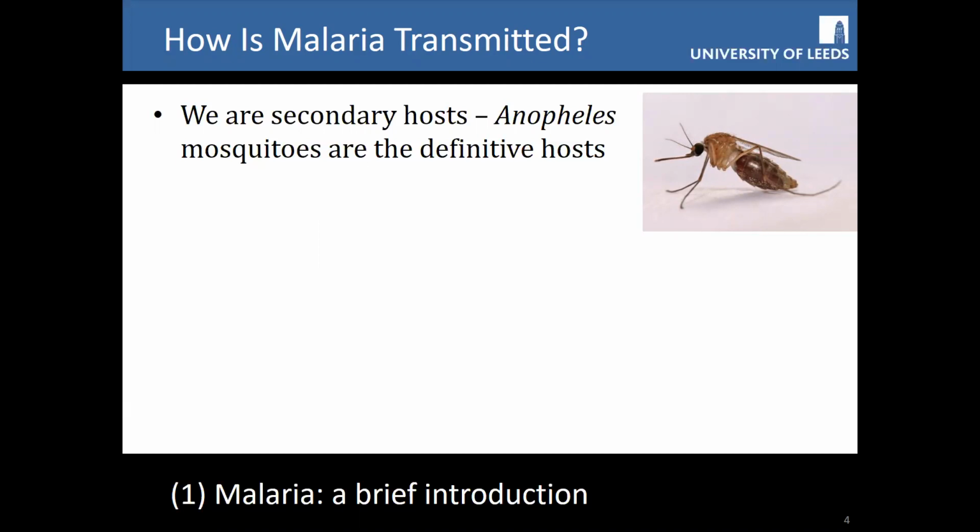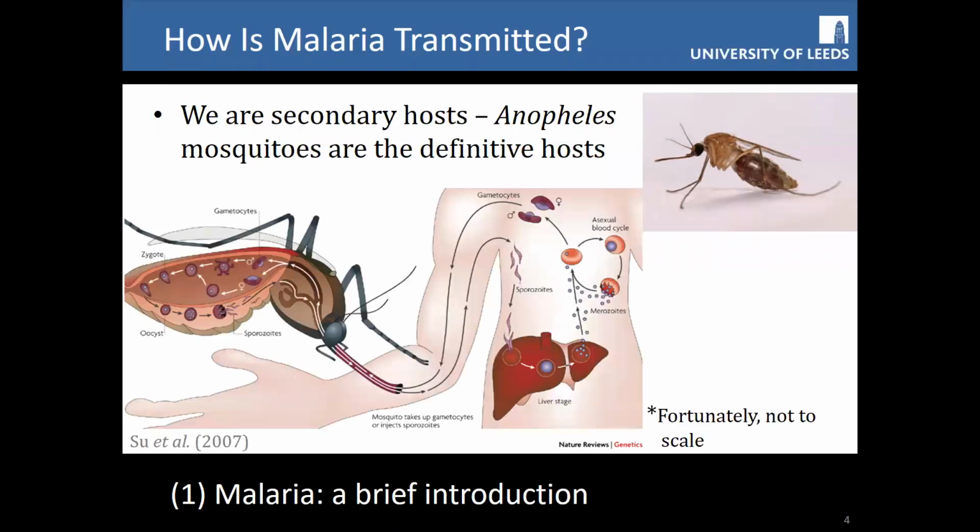Prepare yourself for a terrifying diagram. Fortunately, this is not to scale, but it just is a really nice illustration of how the malaria cycle works. And when the mosquito bites you, it injects these sporozoites, these tiny little wiggly things, into your bloodstream. And eventually, they enter the liver and become a different form of the parasite called the merozoite.